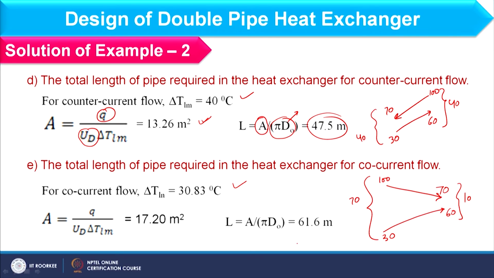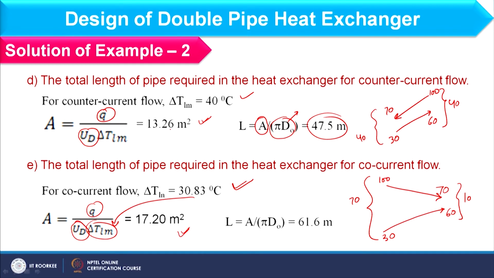Okay. So, considering Q, the overall heat transfer coefficient at dirt condition as well as the log mean temperature difference which we have just calculated, you can find out the area as 17.2 meter square.